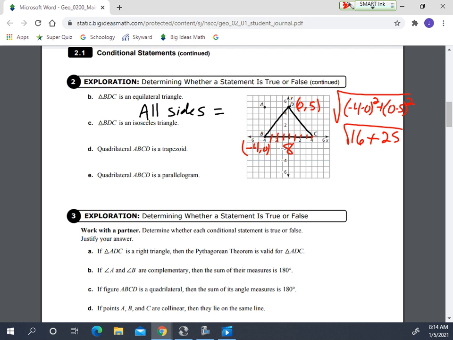I have to do a little math here. 16 plus 25 is 41. And the square root of 41 is just over 6, like 6.4. That's me in my head guessing 6.4 around there. But it's not 8, right? Those do not equal each other. So this B is false. All right.